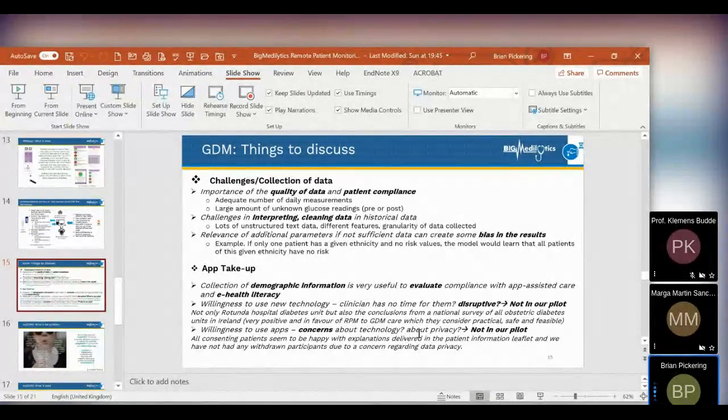But it's interesting as well that using apps gives the patients a feeling that maybe they're actually doing something to manage their own condition, which of course is very positive, because then they feel engaged and they can do something about it as opposed to having no control.